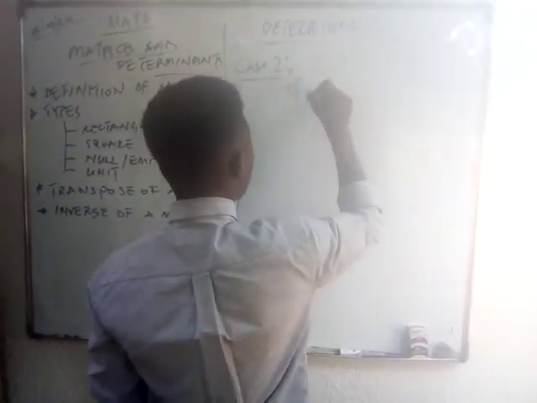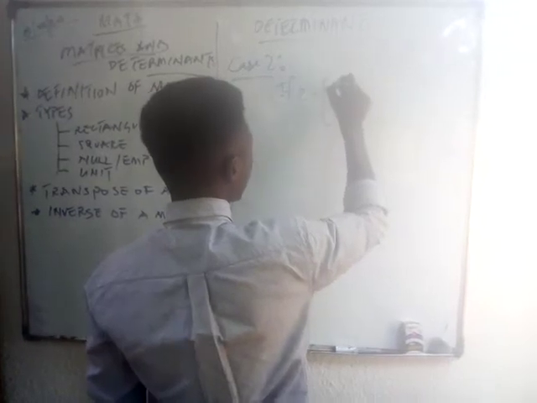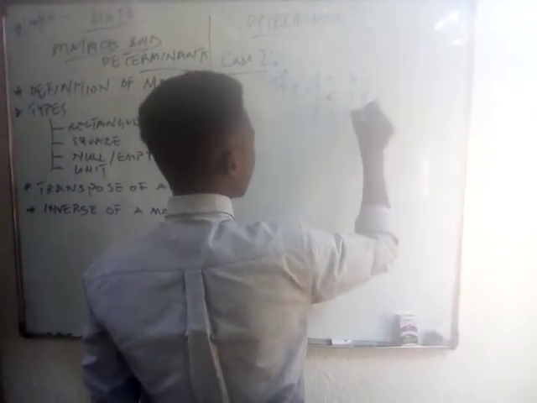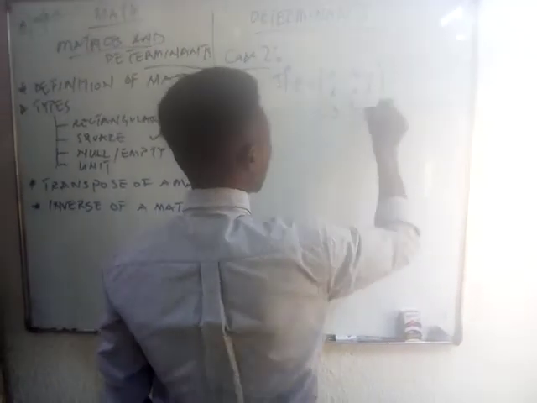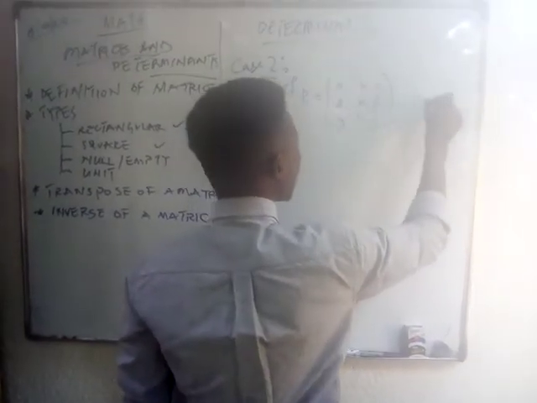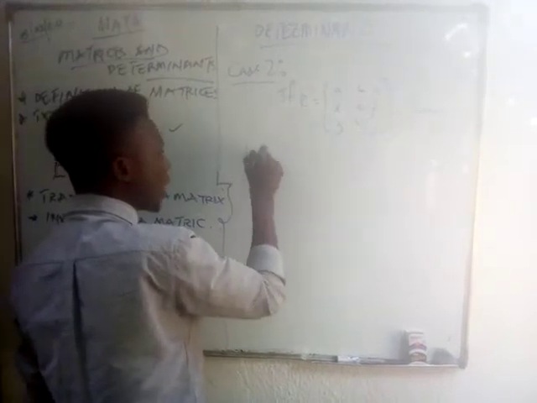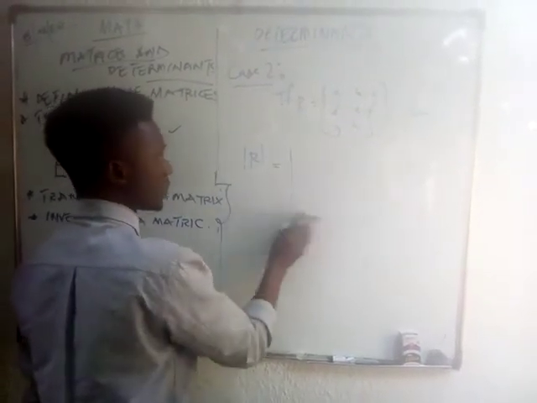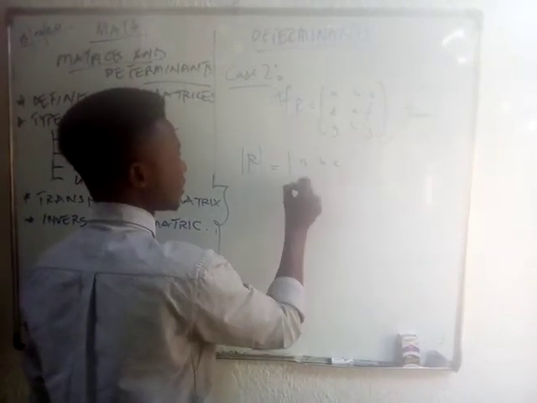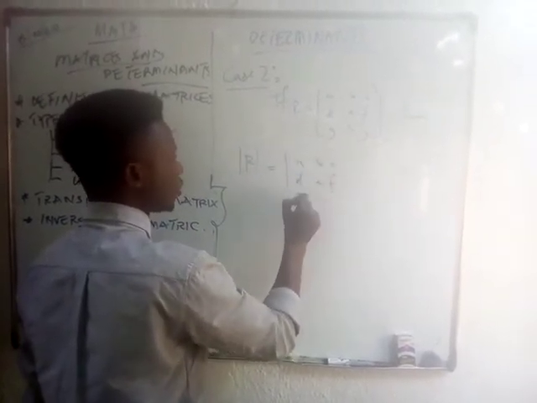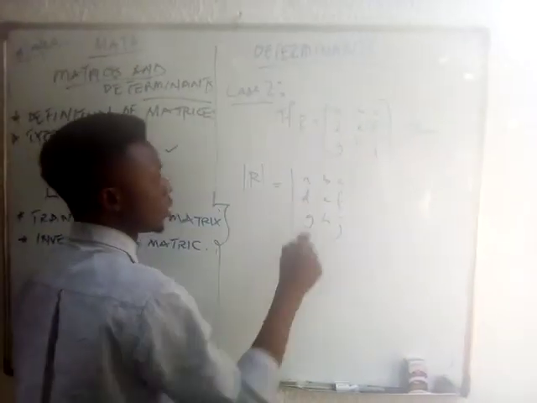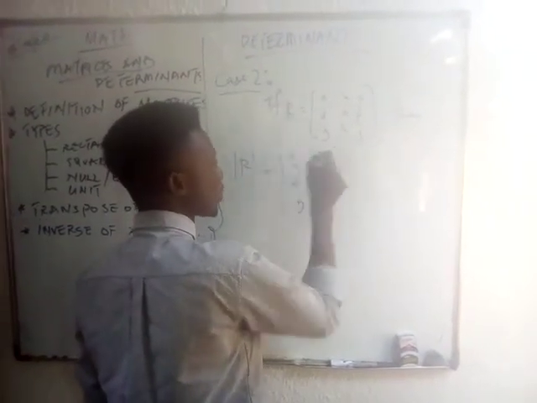If R is A, B, C, D, E, F, G, H, and J, then determinant R is going to be, you have first A, B, C, D, E, F, G, H, and J. Can you see that? And then you will have plus, minus, plus.